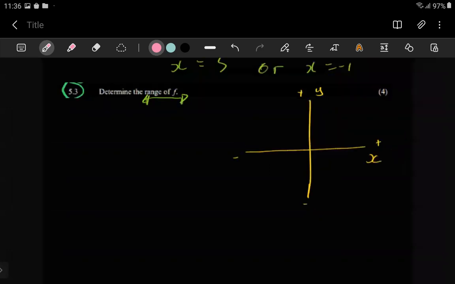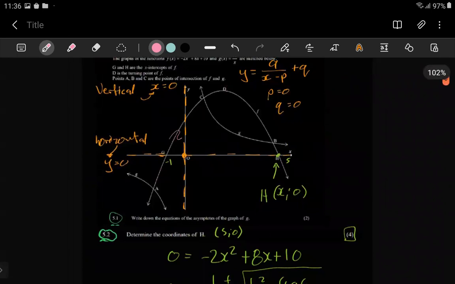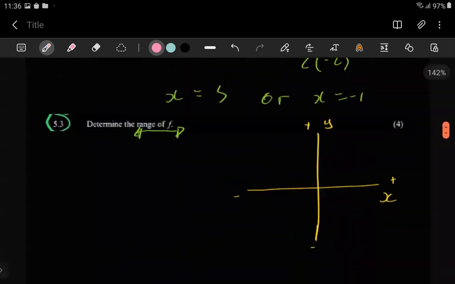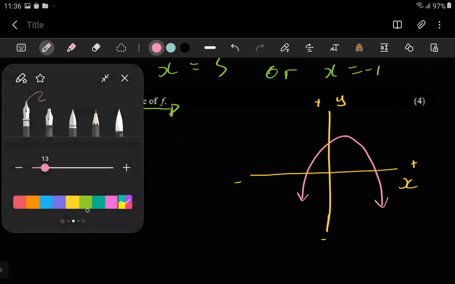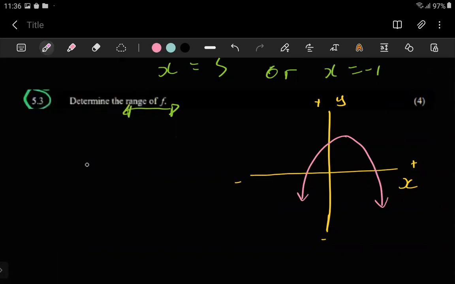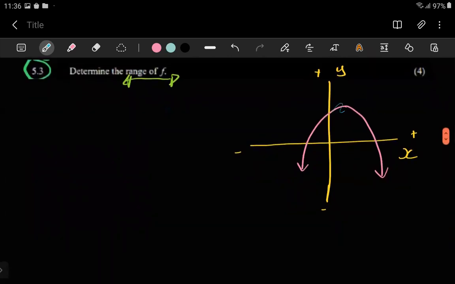So let's deal with, for example, our parabola here. Our parabola looks something like this. There's this there, and there's this there. So when we hear the words domain and range, they are basically asking which space does this graph occupy on the Cartesian plane.